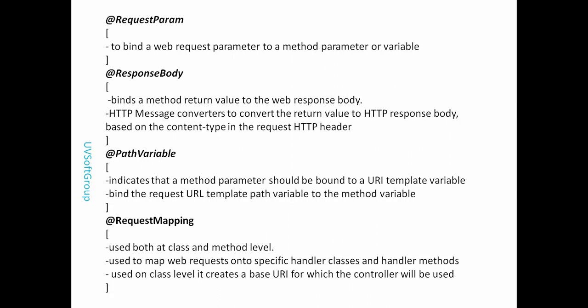In the response body, you can also contain the context path and also the HTTP header, and here you see the HTTP response body also together. So the path variable indicates the method parameter should be bound to the URL template variables, and it binds the URL template path variable to the method variable.